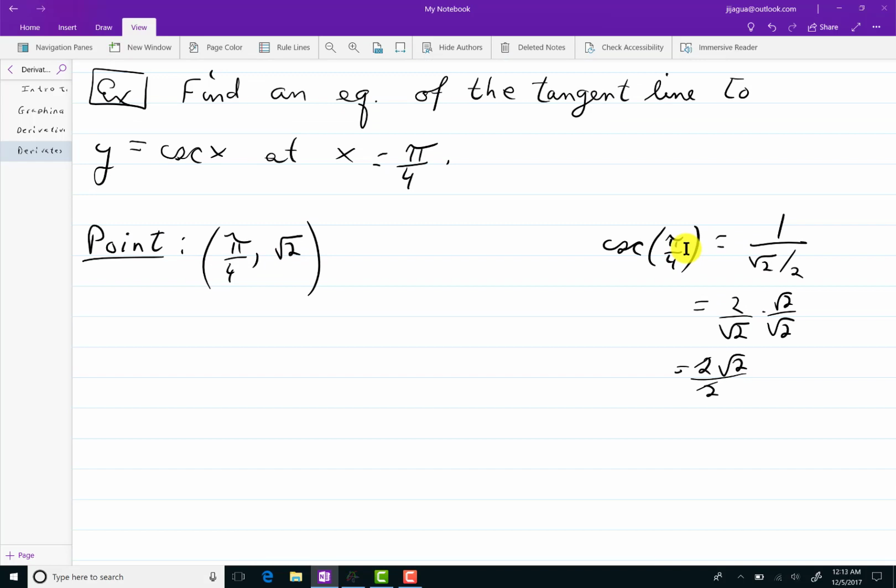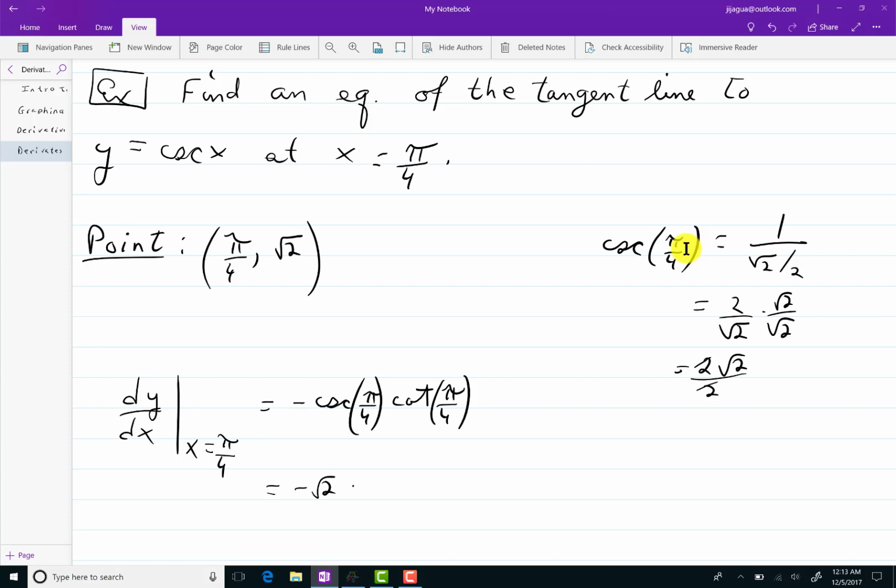Now how do I get my tangent line? I need to take the derivative. So dy over dx at x equals pi over 4 equals, well, the derivative of cosecant is negative cosecant cotangent. And I plug in pi over 4 for each of those. Negative cosecant of pi over 4 is simply negative radical 2.